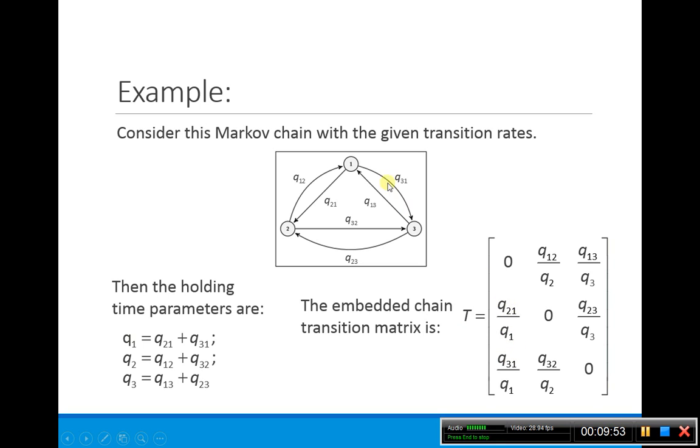Well, it's that transition rate Q21 divided by the sum of my two possible transitions, or Q1. Similarly, I can go to state 3 from state 1 according to this transition rate divided by the sum of the others. Similarly, the probability I'm going to go from 2 to 1 is this transition rate divided by the sum of both of those.